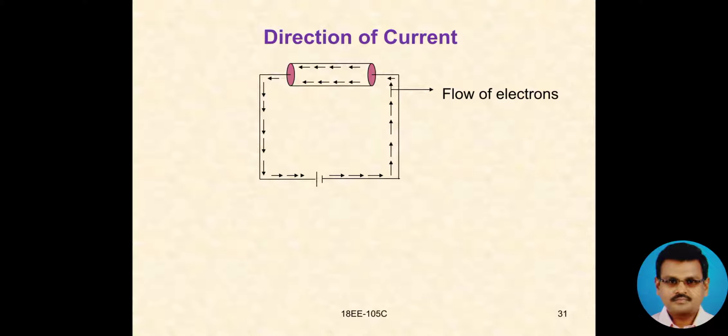Small arrows, as I said, indicate flow of electrons and conventional current. There are two ways of determining the direction of the current. One is the conventional mode. It is shown by the arrow mark. The conventional direction of the current is from positive terminal to negative terminal.